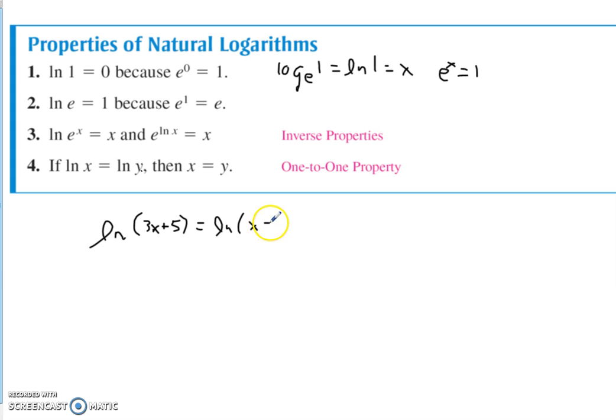Oh, that might not work very well. How about x plus 14? Probably a terrible example. But the only way this is going to be true is if these two equal each other. So I'm going to say 3x plus 5 is equal to x plus 14.